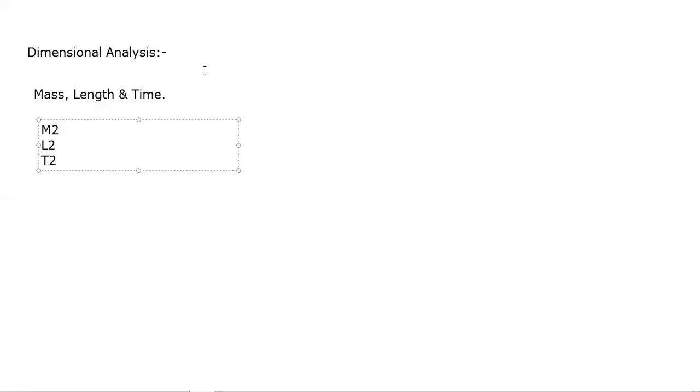And we will see an example so that our concept will get clear. Such as if you consider the force, the formula for force according to Newton's second law is mass into acceleration.